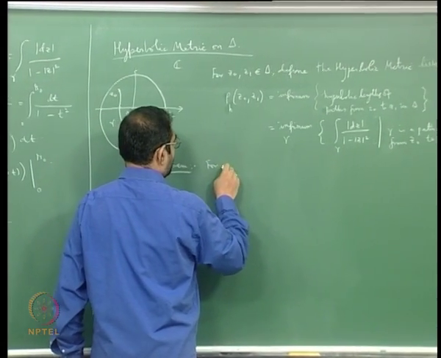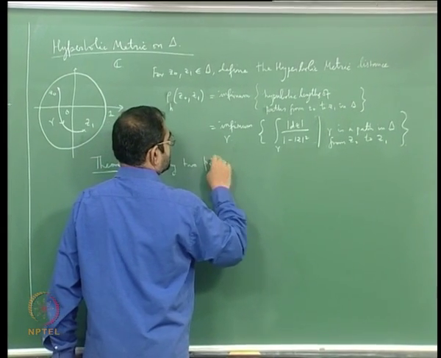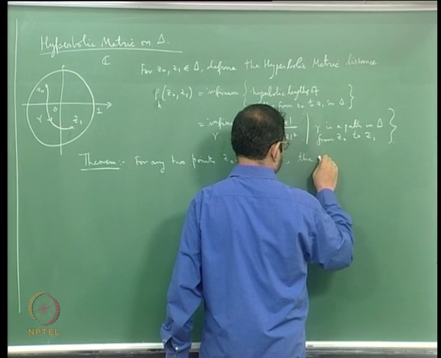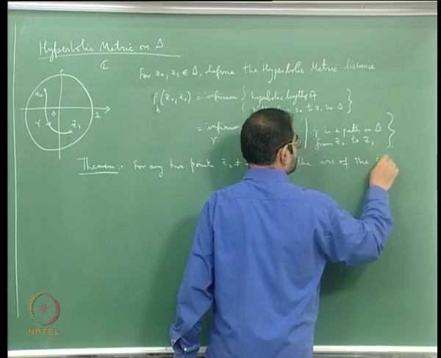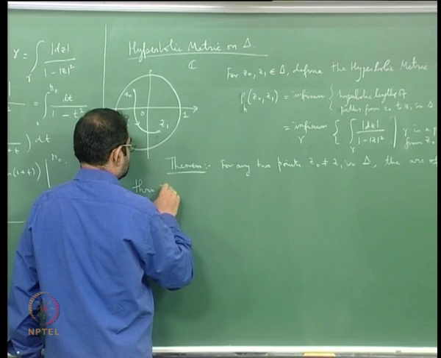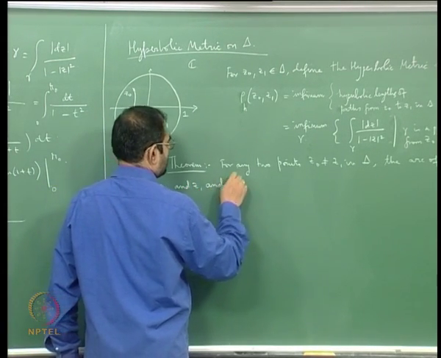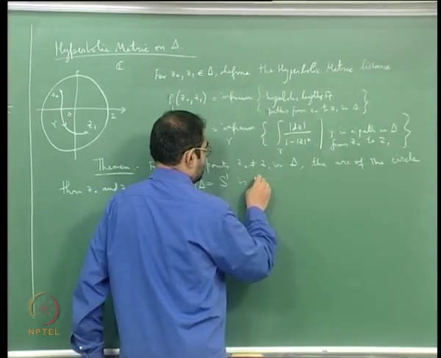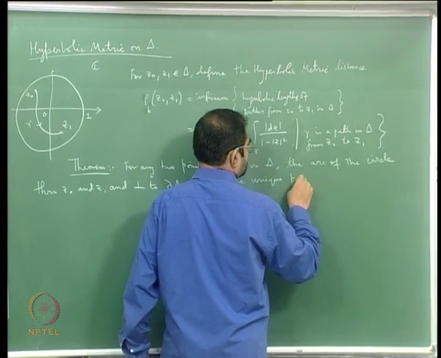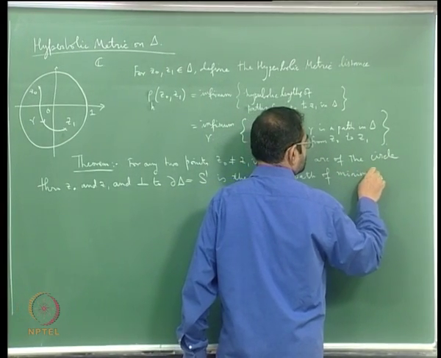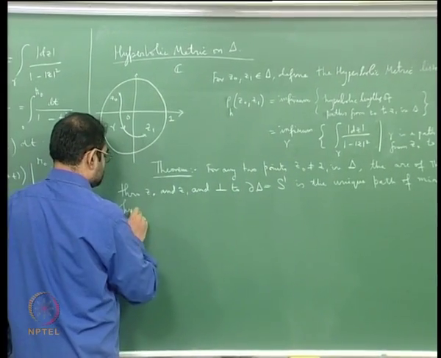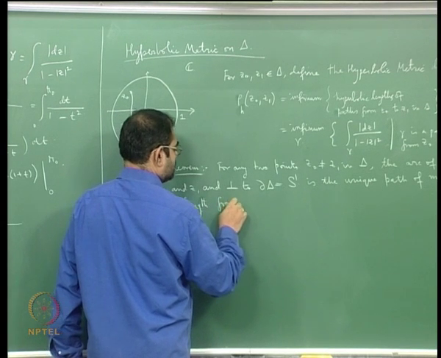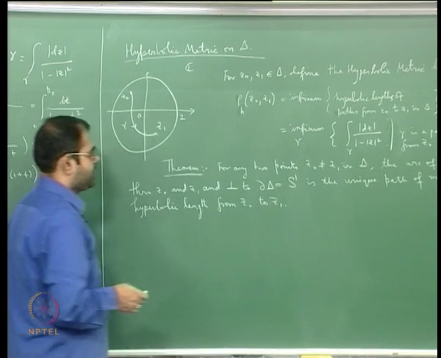The theorem is: for any two points z0 not equal to z1 in Delta, the arc of the circle through z0 and z1 and orthogonal to the unit circle is the unique path of minimal hyperbolic length from z0 to z1.